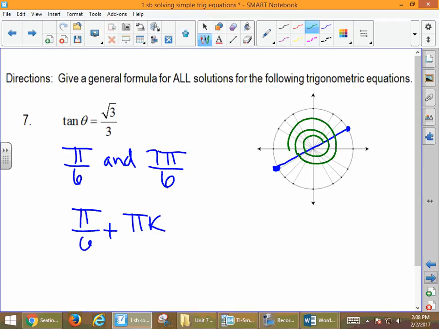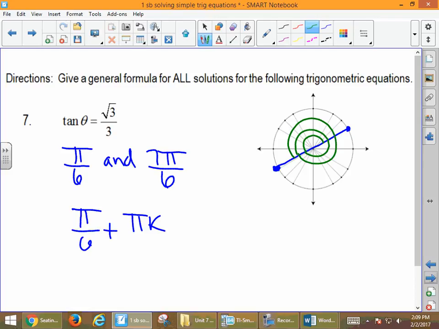And we add another. We just start spiraling. And so that's what the pi k is. In fact, I should have stopped here, because it could be here or here. And then we go around here or here. And we keep going around, and end up to be here or end up to be here. This represents an infinite amount of solutions on the circle.